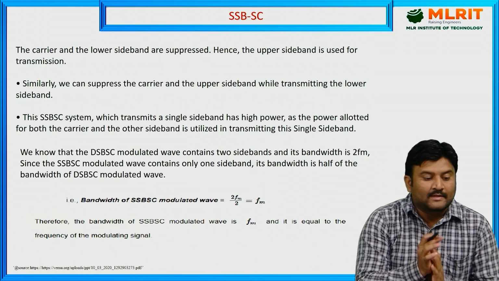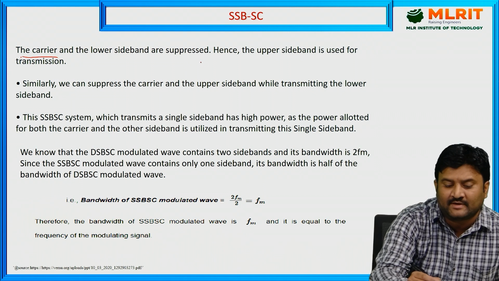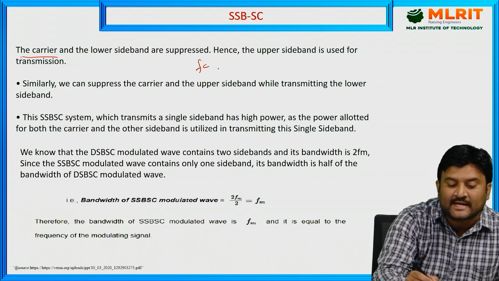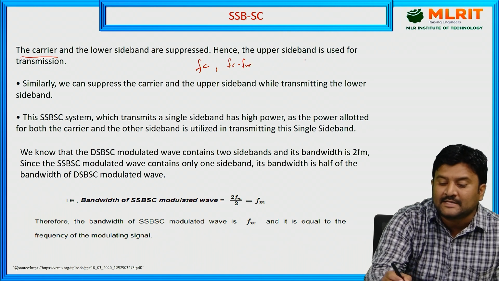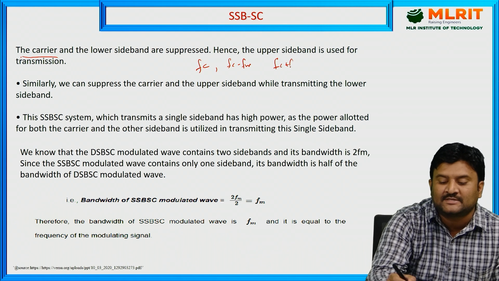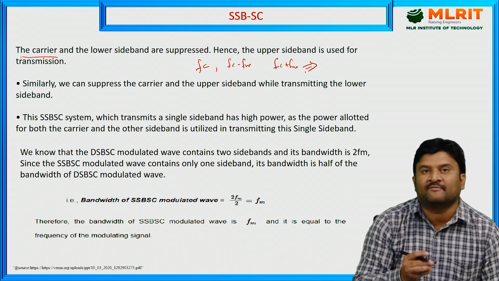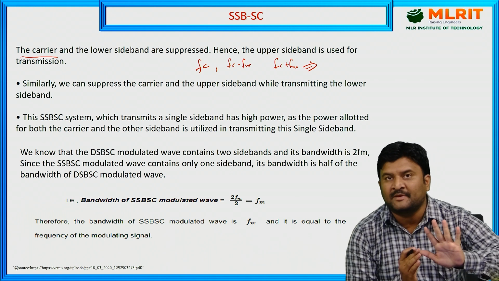Take the carrier frequency FC, and the lower sideband FC minus FM, which you need to suppress. Hence, the upper sideband is used for transmission. Therefore, only FC plus FM is needed to transmit the information. FC does not consist of any information.